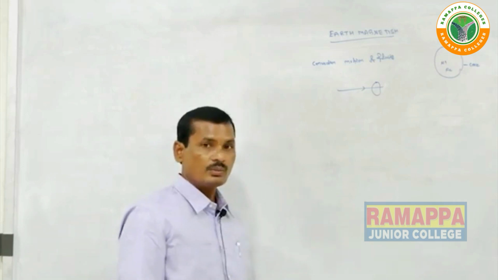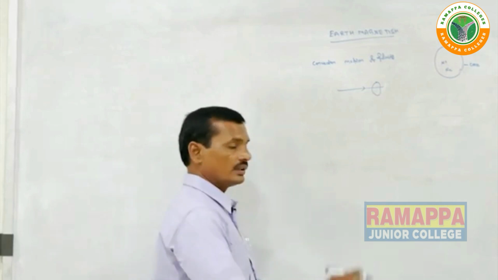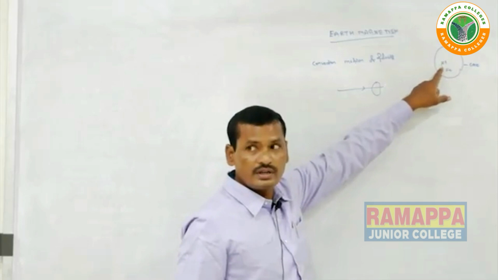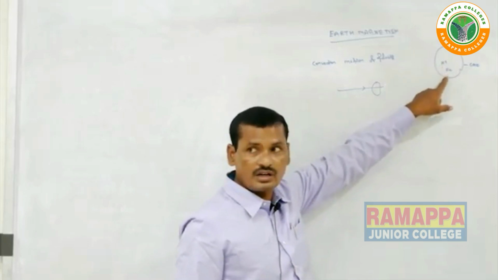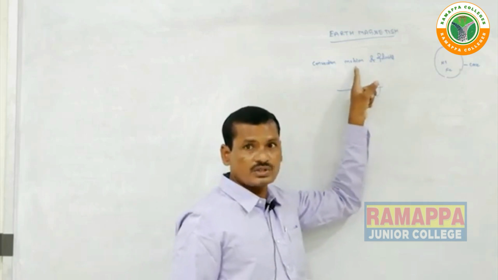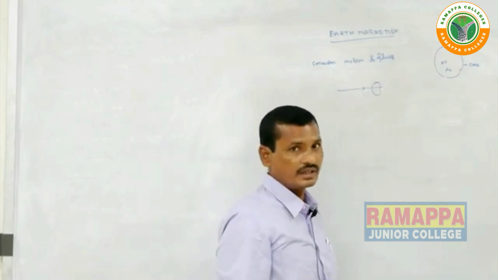On the earth, what happens? There are also nickel and iron ions. Because of the convective motion of fluids, there is a magnetic property for earth.